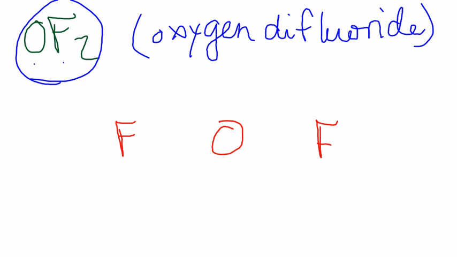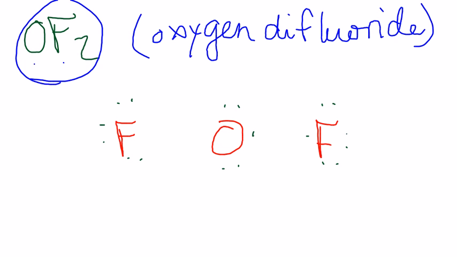Okay, so the next step is going to be to put valence electrons on. Fluorine is in group 7, therefore there's 7 valence electrons, so I'll do that. 7 dots. I know oxygen to have 6 valence electrons, it's in group 6, so there's its 6 valence electrons. Now that I've got my valence electrons placed, I'm going to start doing bonds.